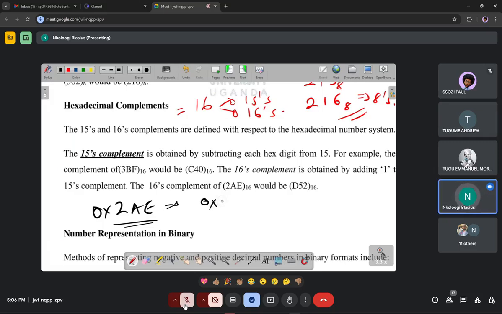Okay, and what is 13? It is C. And then 15 minus A, which is 10. 10 is an A. 5. Minus C. Then what?